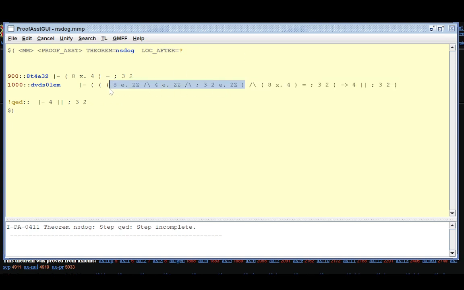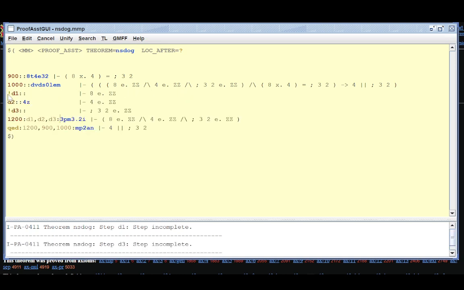Okay, so let's see if it will accept those as... Can we do that? Yeah. It's very weird that it's not automatically proving 8e.zz, right?